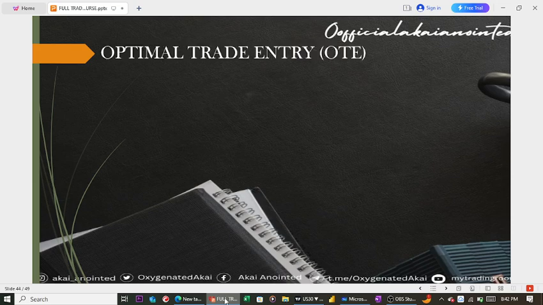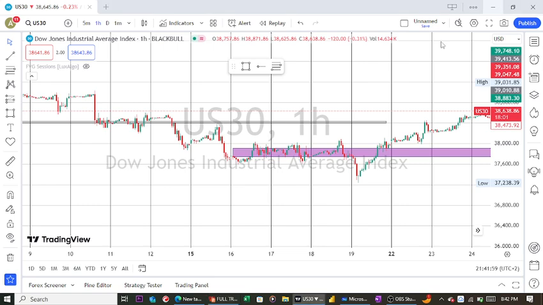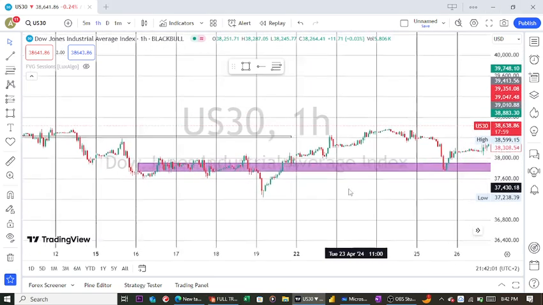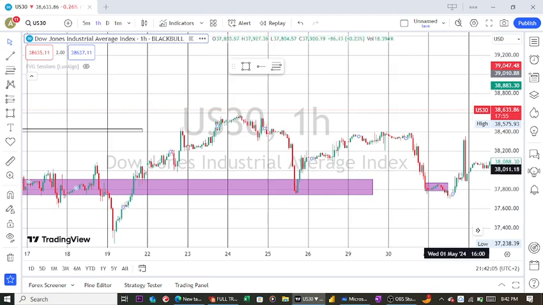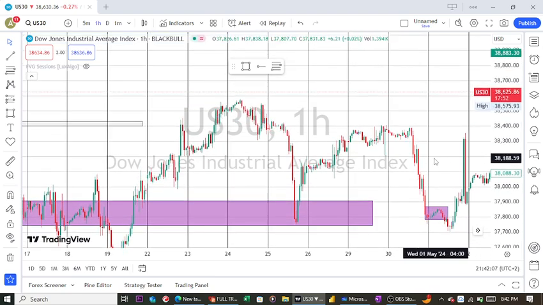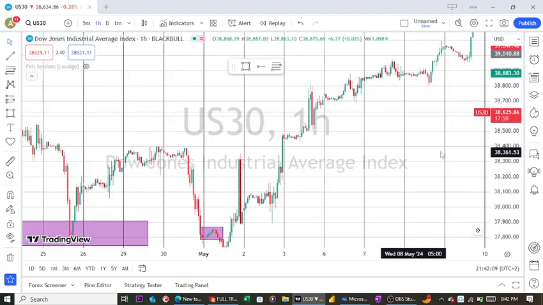So I wanted to write on optimal trade entry, and I remember talking about Fibonacci in one of my models.